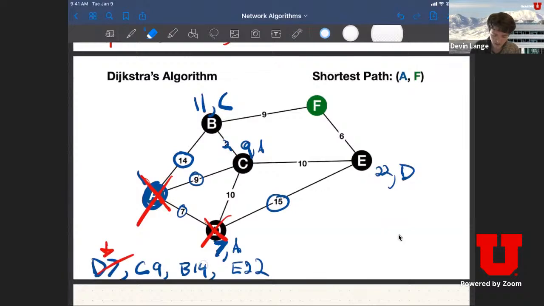And we should also update that down here, just a little bookkeeping check. And we do the same thing here. So we check 9 so far, plus 10, it's 19. Great. So we can put 19 there, and this came from node C. Great. And we've done this process with C, so we're done.